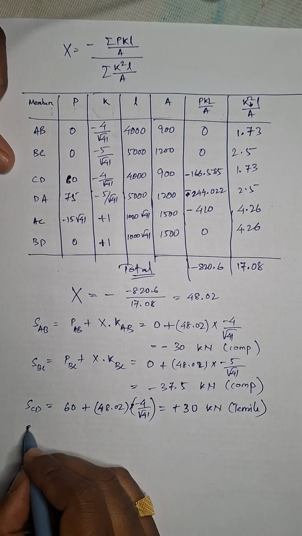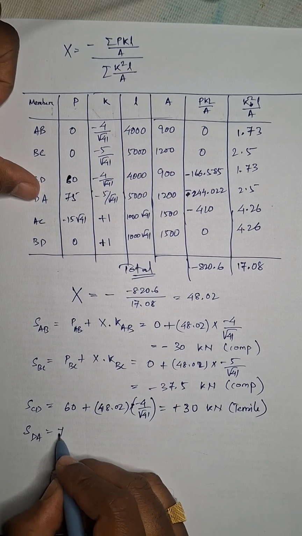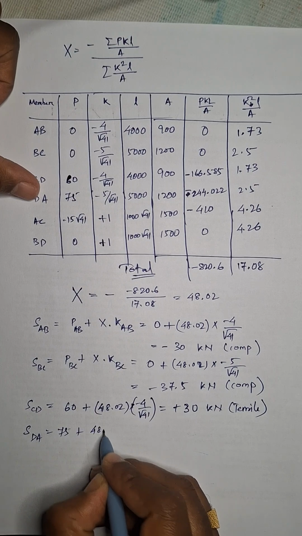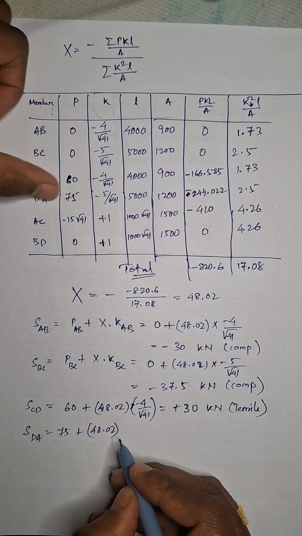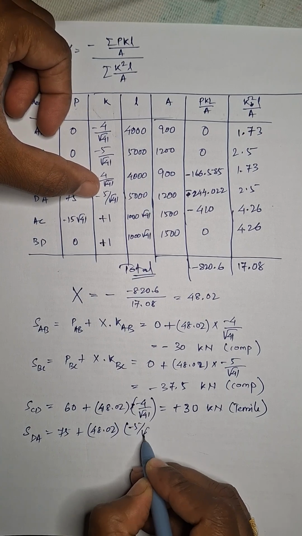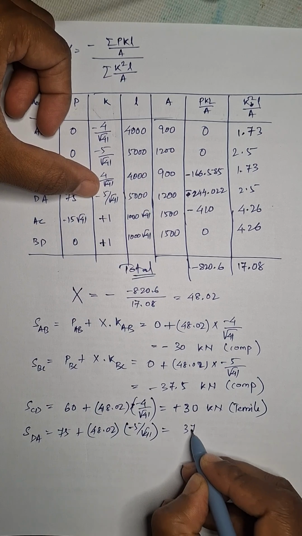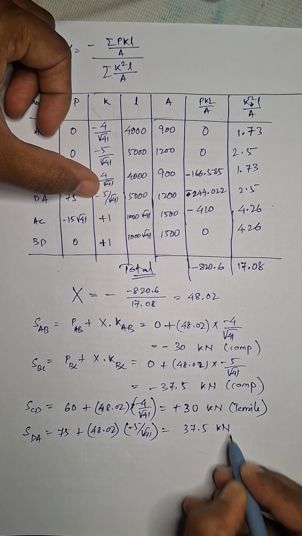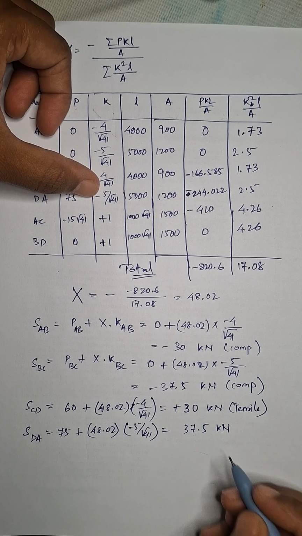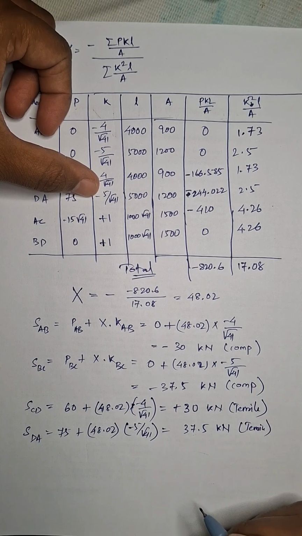Similarly SDA: 75 plus 48.02 into minus 5 by root 41. So we'll get 37.5 kilonewton positive. So this will be tensile in nature.